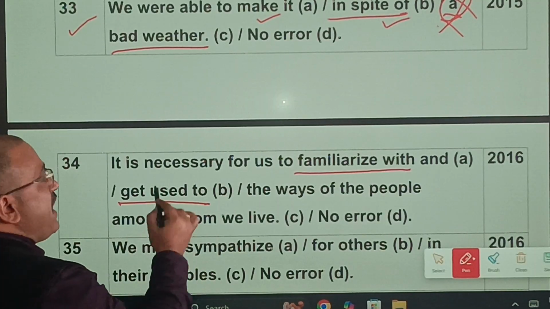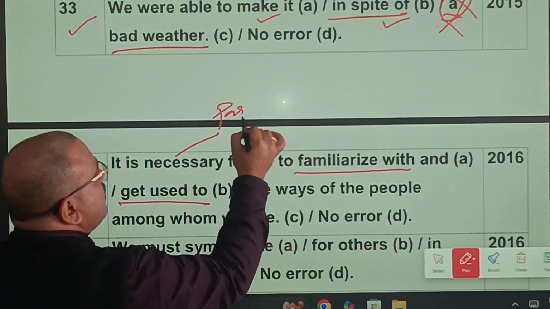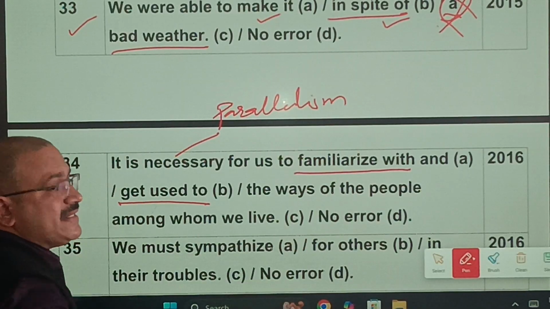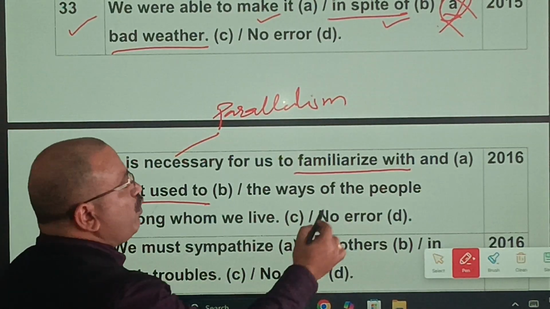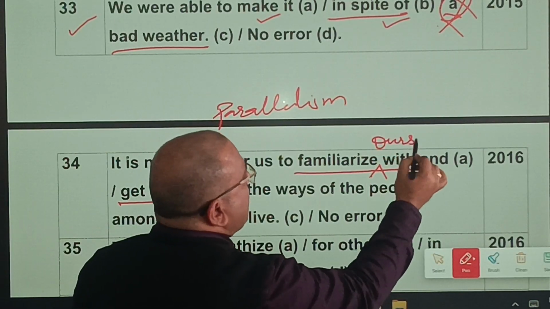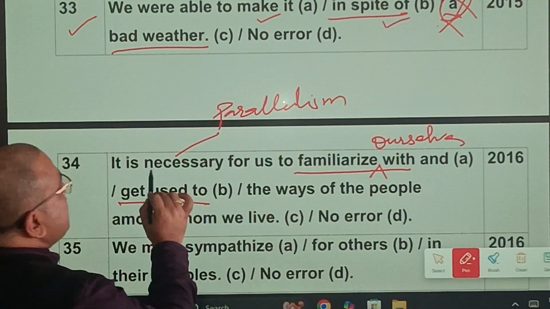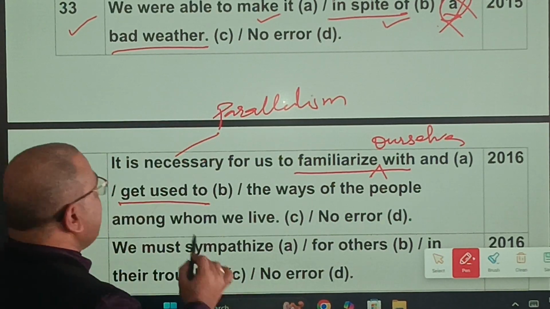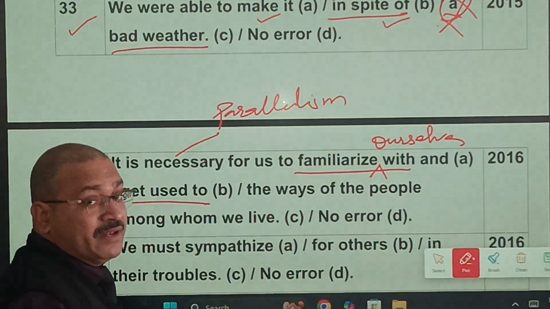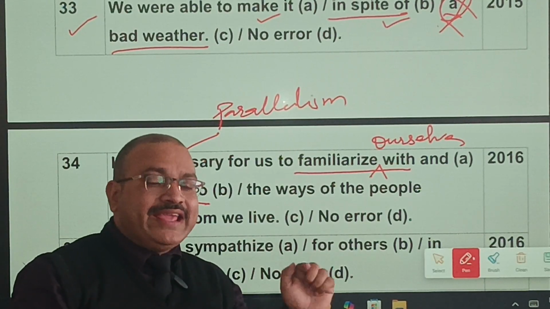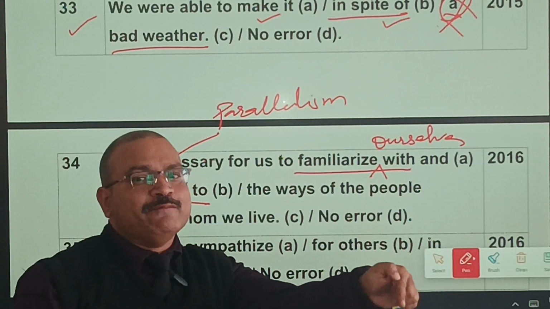So, to maintain parallelism or consistency in the sentence, what do we require here? Reflexive pronoun. So reflexive pronoun ourselves. It is necessary for us to familiarize ourselves with and get used to the ways of the people. Like, he enjoyed at the party, wrong. He enjoyed himself at the party.